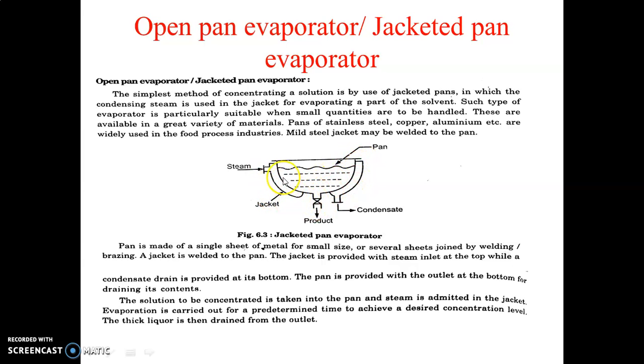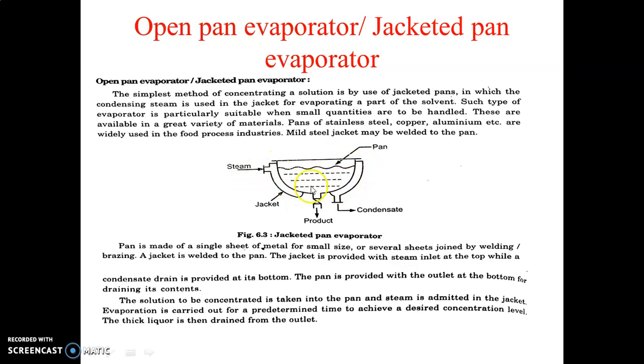So why is the jacket made? To provide the steam inlet. That means for heating purposes this jacket is made. You have to feed the material from this point. This part is open, and you have to admit the steam in this jacket.